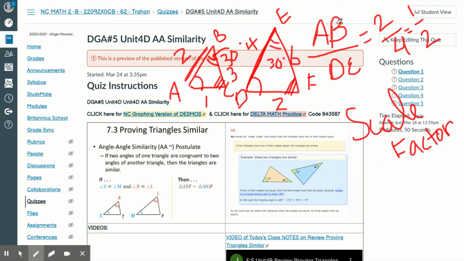So here I'm saying AB is before any type of dilation happened. I'm saying that AB is 2, where its corresponding side is 4. So I'm saying this guy is a pre-image. He's larger, so this was a reduction. We're not specifically talking about dilations here, but I just want you to know what scale factor is: how much larger or smaller.